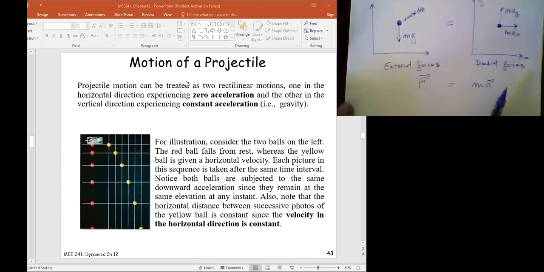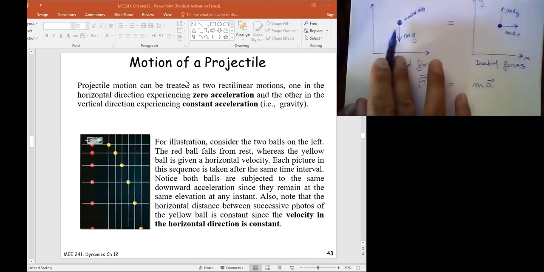To find max, I'm going to sum the forces. Guys, pay attention to this very carefully. I'm summing the forces, so I indicate the direction about which I'm going to sum them. Left to right is my positive direction. What are the forces from left to right in this case?